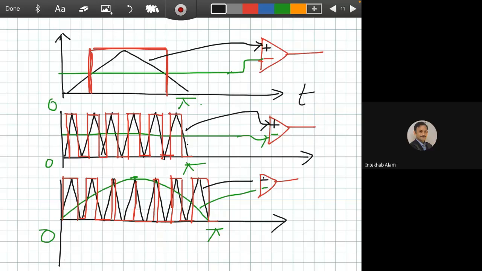Okay. But in my explanation, the pulse at the side of the wave shape was narrow, and the center pulse was actually wide. So how can we get those pulses?